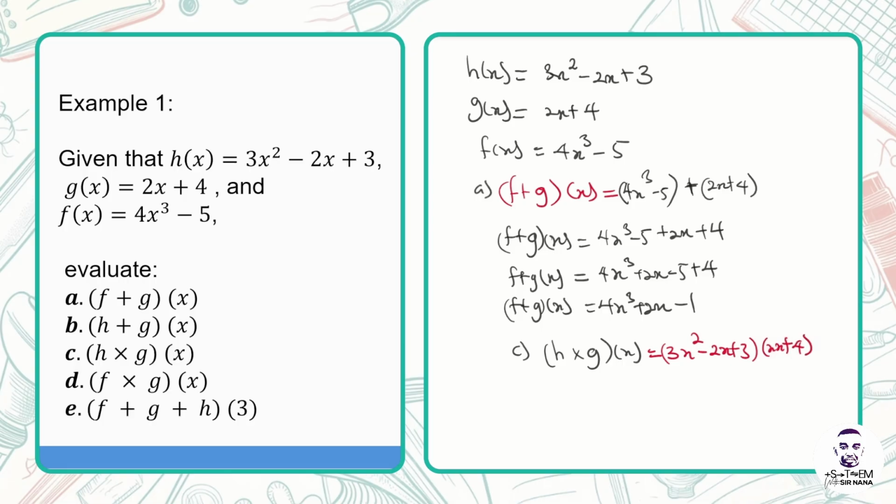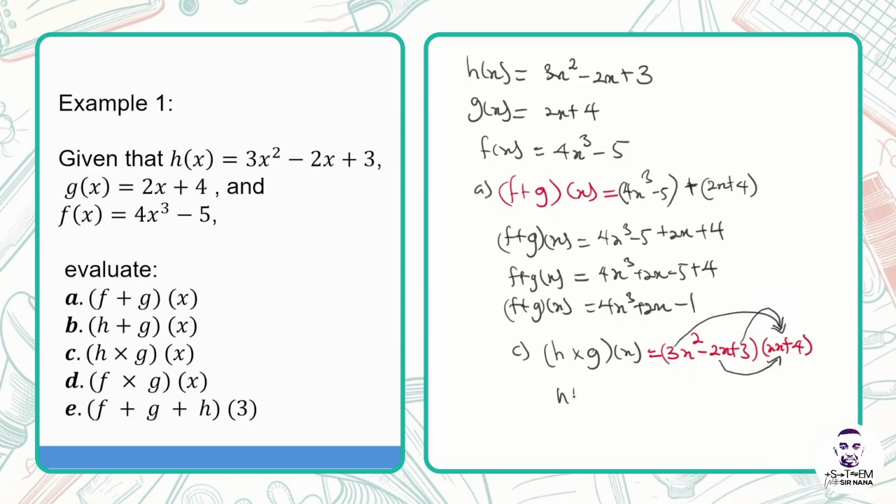And what this implies is that, as we looked at earlier, we can take the 3x squared and multiply it over the function 2x plus 4. Take the minus 2x and multiply it over the function 2x plus 4. And then take the constant 3 as well, and multiply it over the function 2x plus 4.